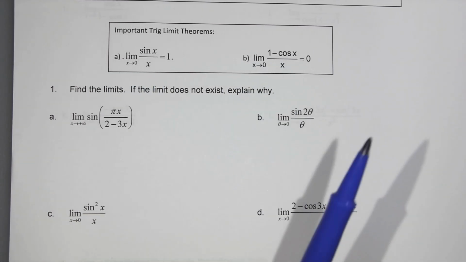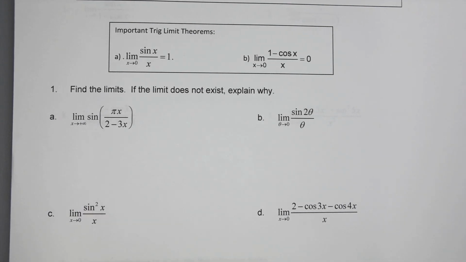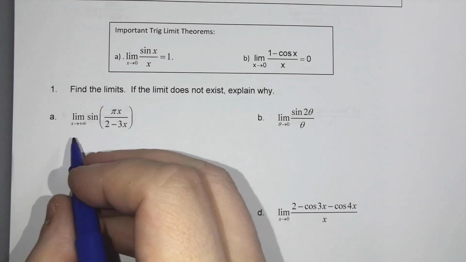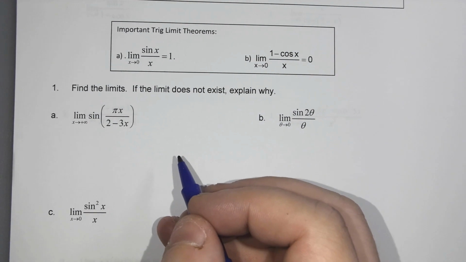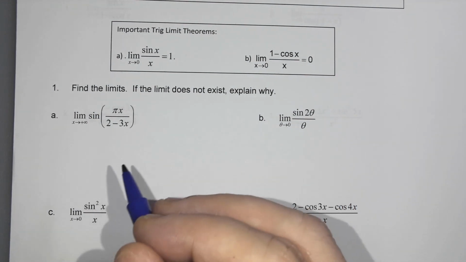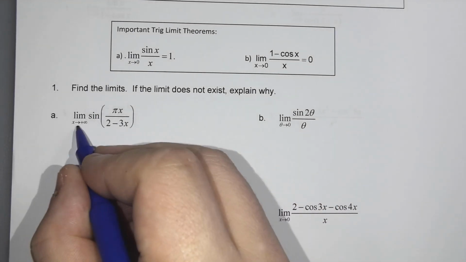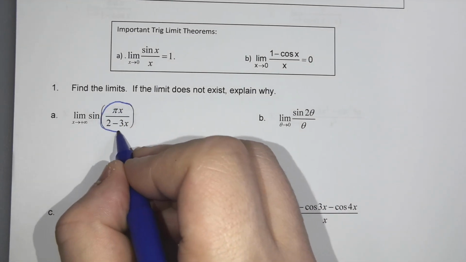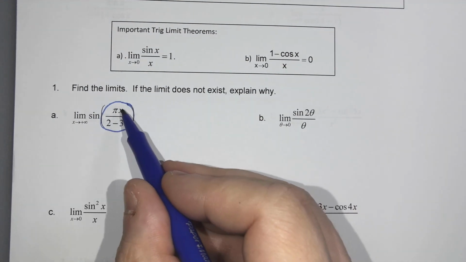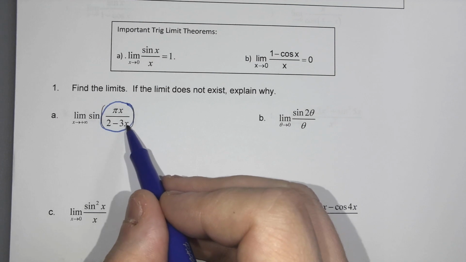So our critical stage here is going to be using our trigonometry to simplify things into these forms for the most part. Okay. First problem, limit as x approaches infinity of sine of this expression. I'm going to start introducing some shorthand notation, based on the fact that we've already done the very formal notation in the last two sections. As x goes towards infinity, this is a rational function with a horizontal asymptote, right?